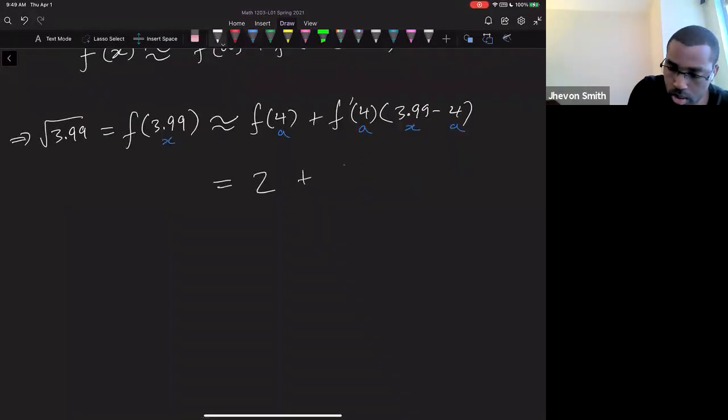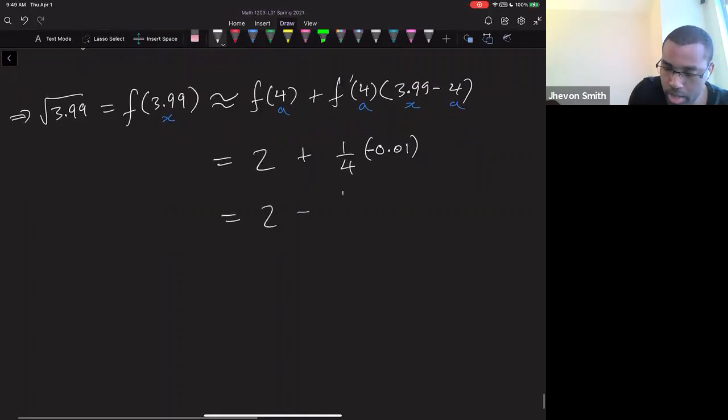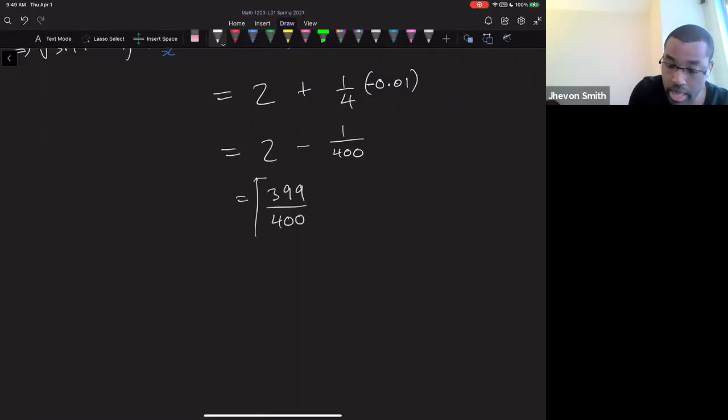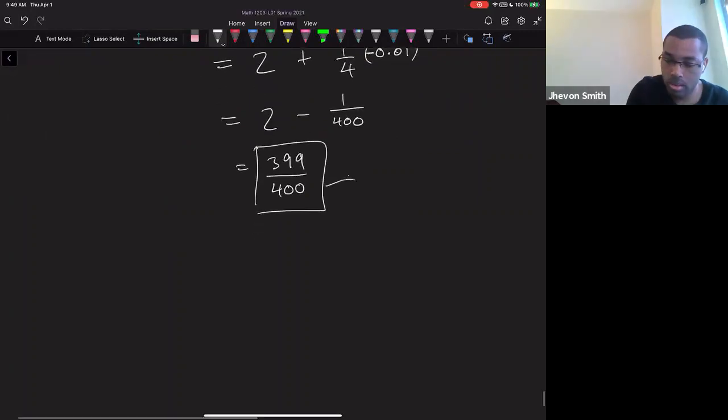This is 2, this is a quarter, this is minus 0.01. In other words, this is 2 minus 1 over 400. 2 is 800 over 400. So this is 399 over 400. And that would be the approximation.